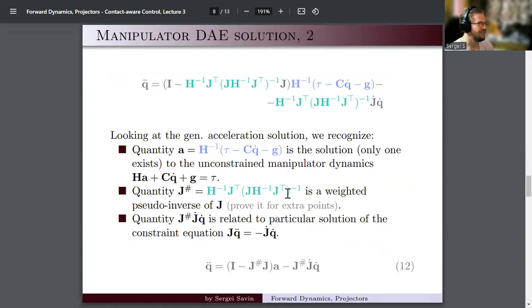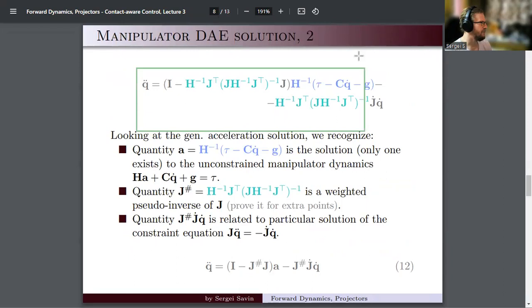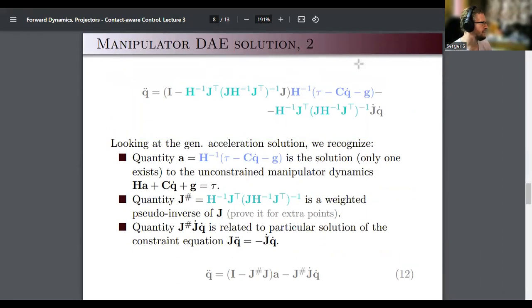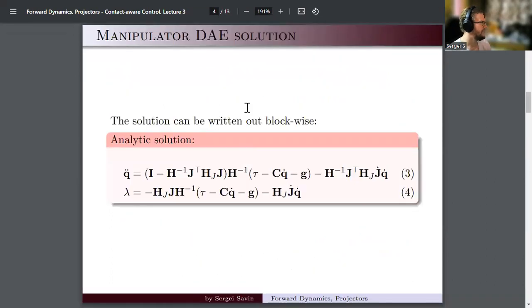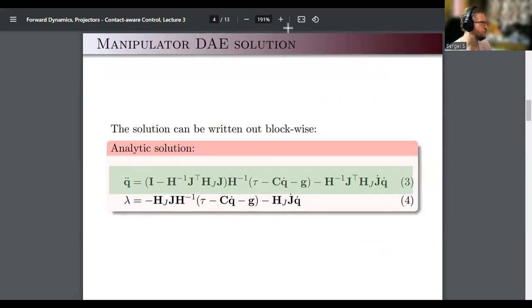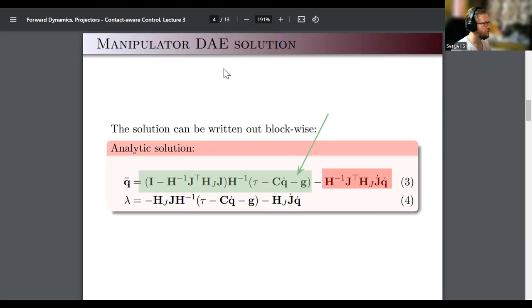Now back to our dynamics. So this, if you remember, came from here, right? This expression has two components. This component is related to the right-hand side of the manipulator equations, and this component is related to the right-hand side of the constraint equations.